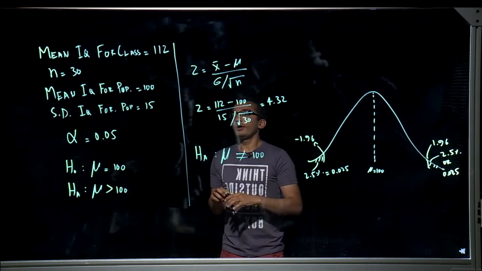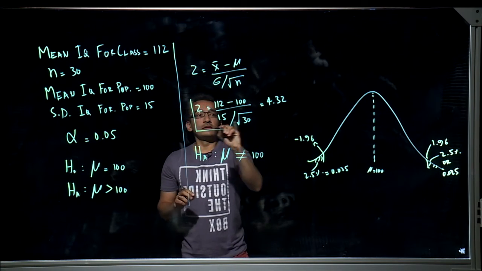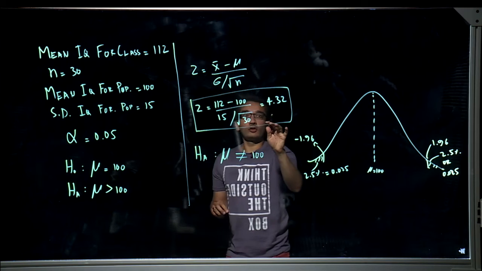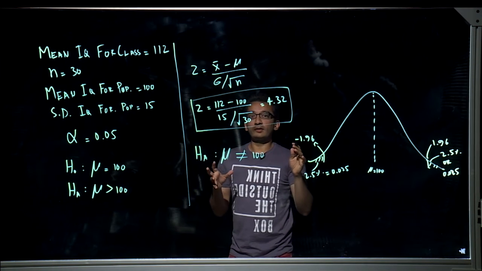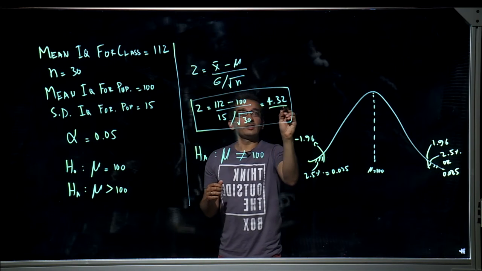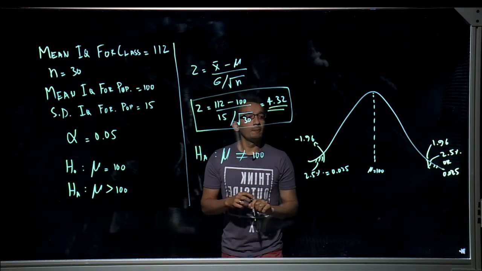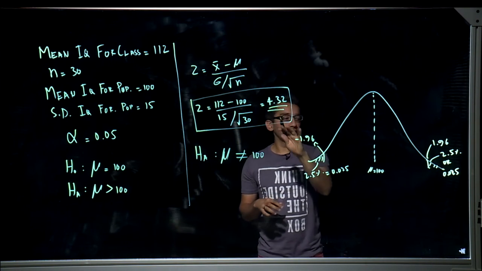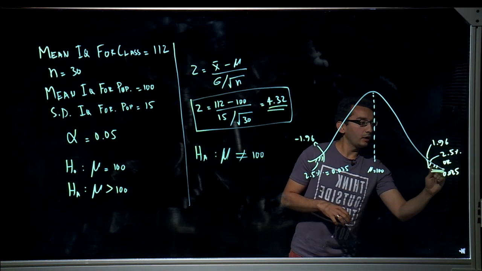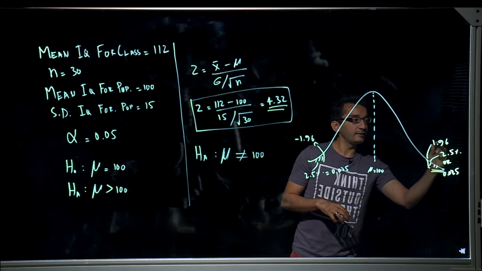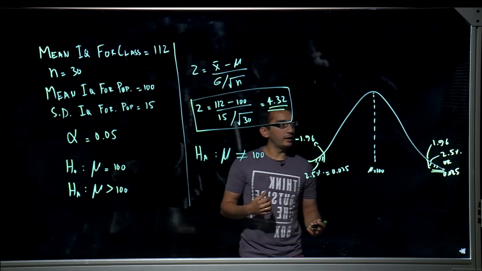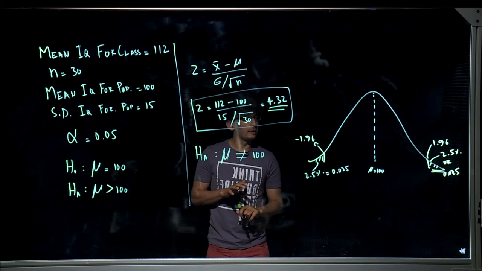So we have already calculated the z-score given the information that we had. The z-score is not going to change. The z-score will remain the same whether it's a two-tailed or a one-tailed test. So the z-score remains 4.32, and we can easily see that this 4.32 falls in this area over here, right of 1.96, which is one of the two areas of rejection in this case of two-tailed hypothesis testing.